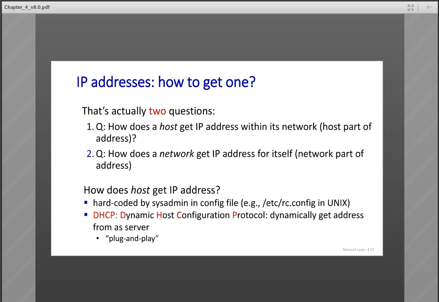And the second question is, how does a network get an IP address for itself? These questions mean that if I'm adding to a network, how can I get a new IP address?